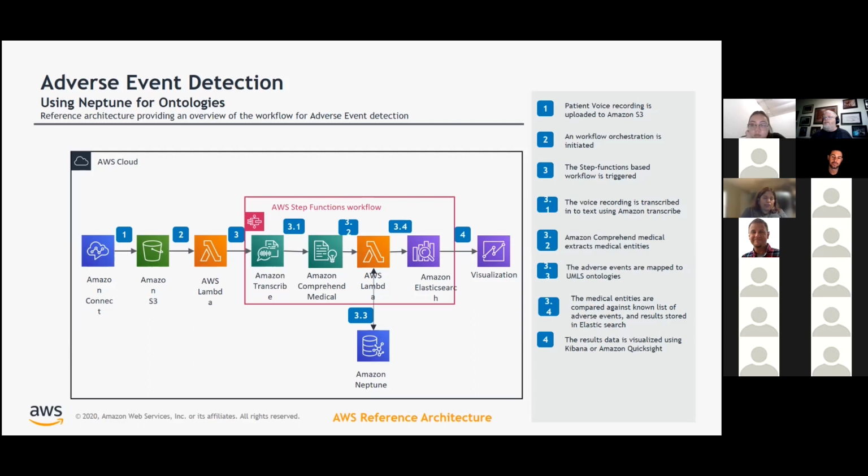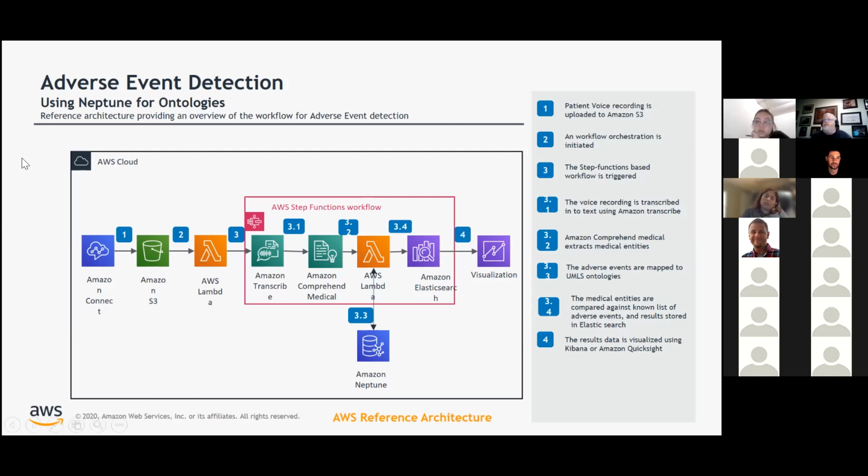I'll have to check whether it is for Transcribe or for Comprehend Medical. We do have an option where you can make a service request or a support ticket saying that you want to opt out of storing the data, and your data will not be stored on AWS infrastructure. So those are two ways to secure it.